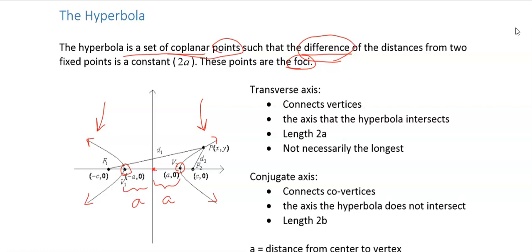Now, remember that for an ellipse, the line segment that joined your two vertices we call the major axis. Not so for a hyperbola. It's still a line segment, and the length of it is still 2a, but now it's called the transverse axis. The transverse axis is the line segment that joins your two vertices together, and its length is 2 times a.